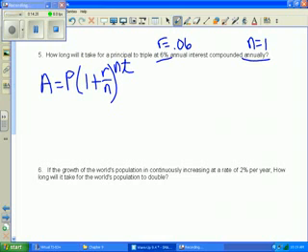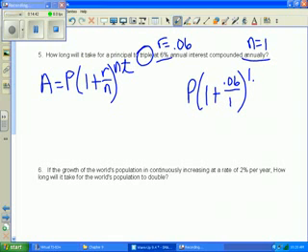How long will it take for a principal to triple? Oh, interesting. How are you going to do that? We're tripling the principal. So, my principal, 1 plus 0.06 divided by 1 to the 1t. And so what am I wanting the A to become? 3p. I don't know what that starting principal is, but I want it tripled.